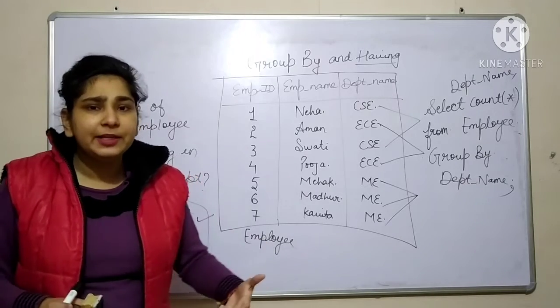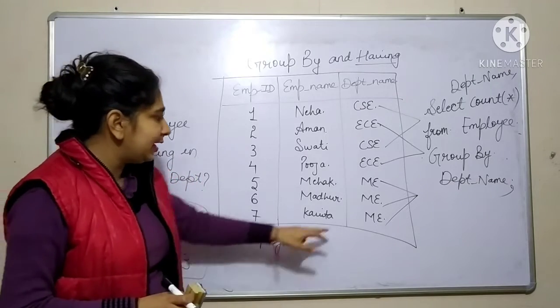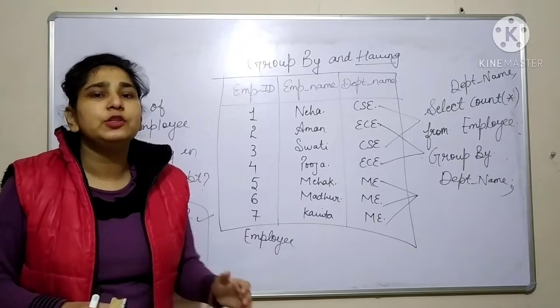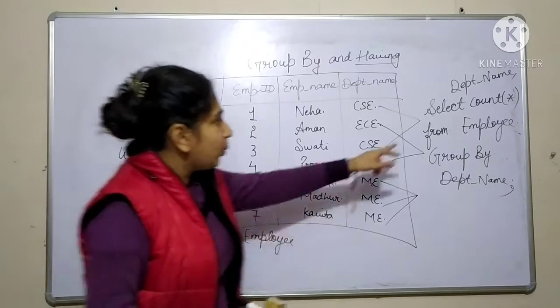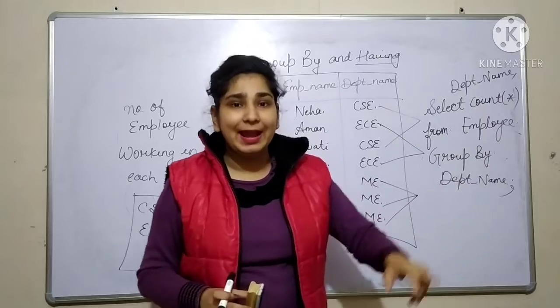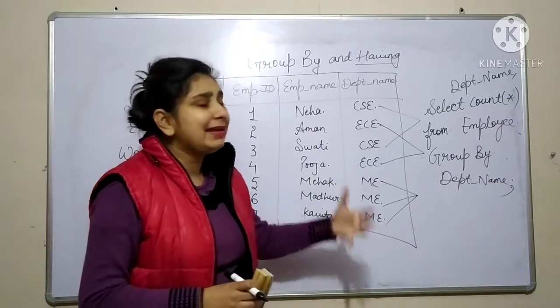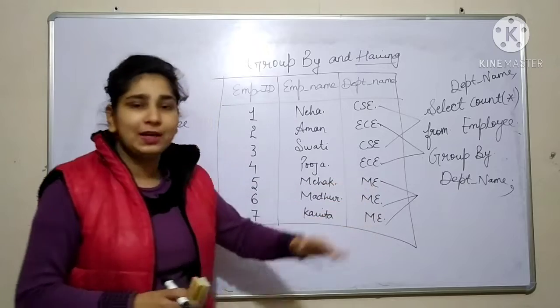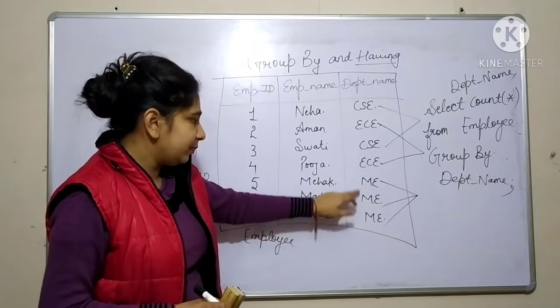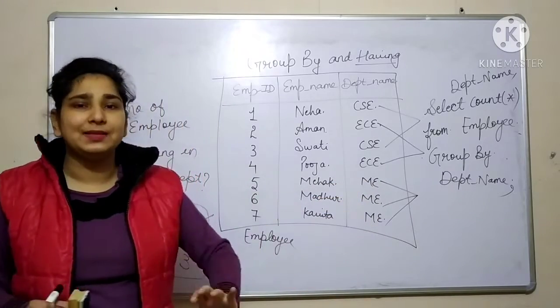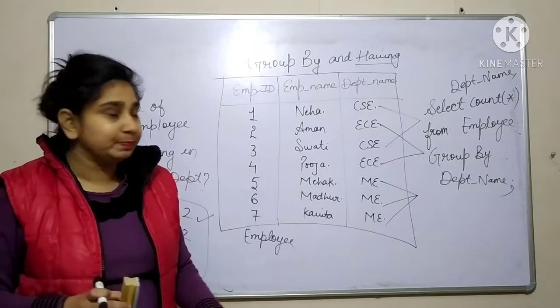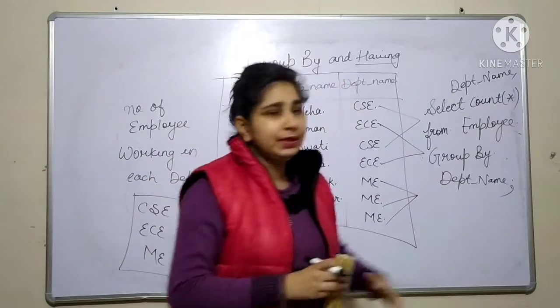Next, which other department do we have in our relation? Mechanical engineering. How many times is it present in my relation? 3 times mechanical engineering is present. So that is COUNT(*).